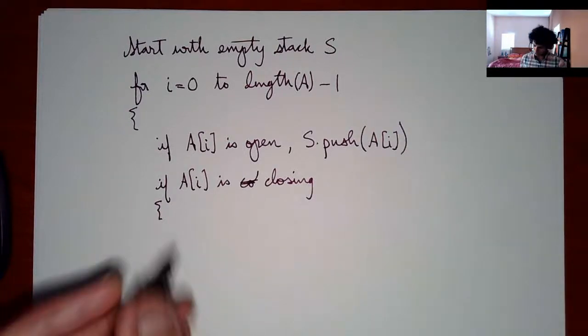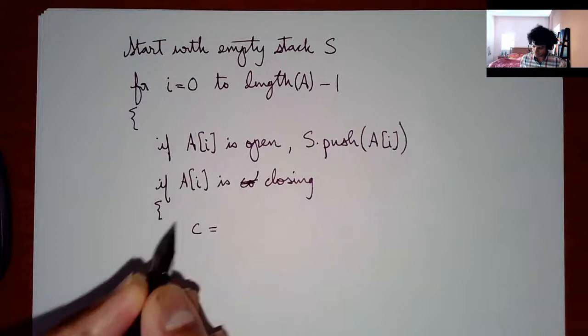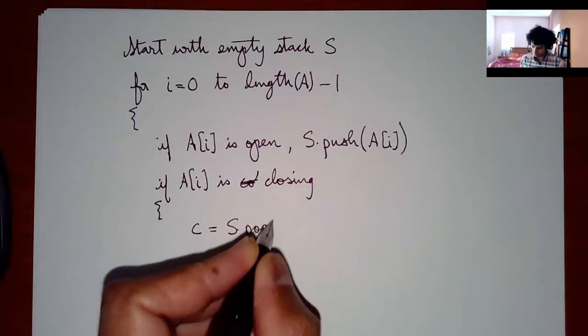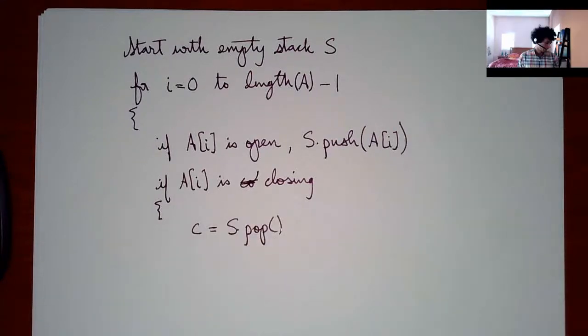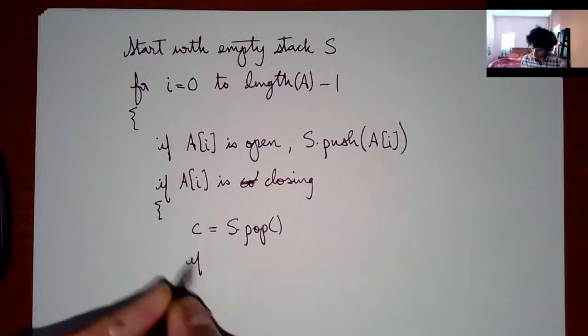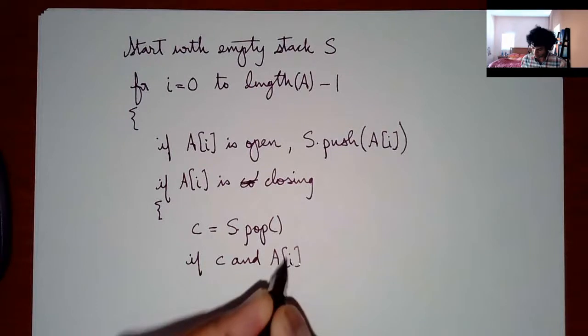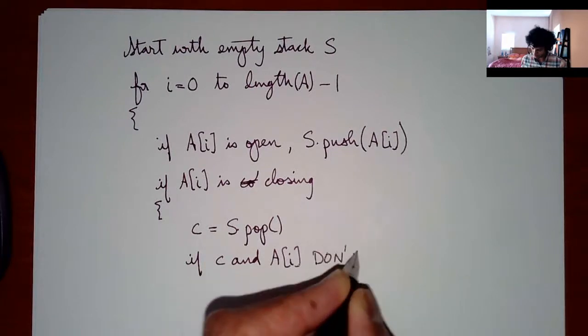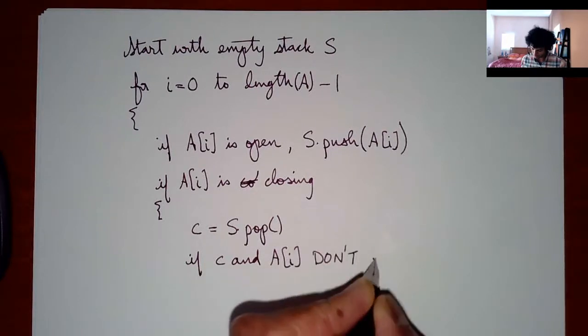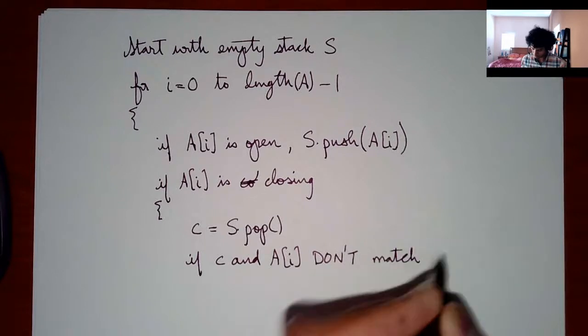I'll say let C be equal to S dot pop. So let me pop. And if C and A of i don't match, then just output wrong.